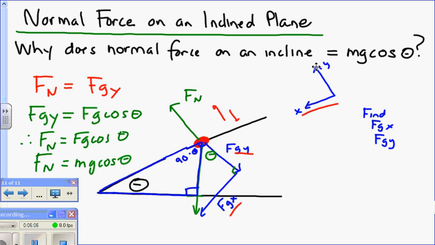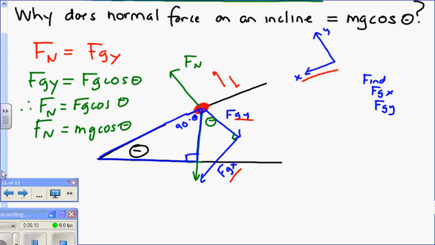Okay? I want to go one step further, which is another important thing with inclined planes: what force is causing this object, my little red dot here, to move down the slide or down the ski hill or whatever it's moving down?